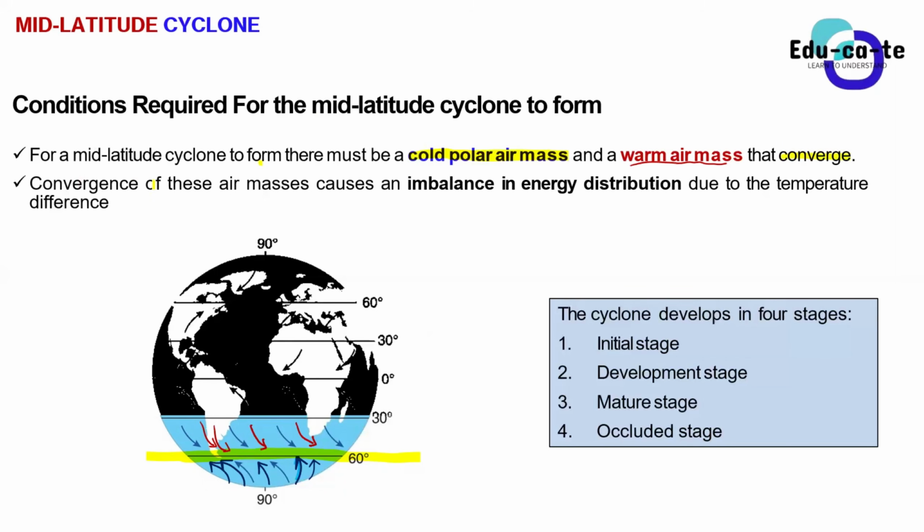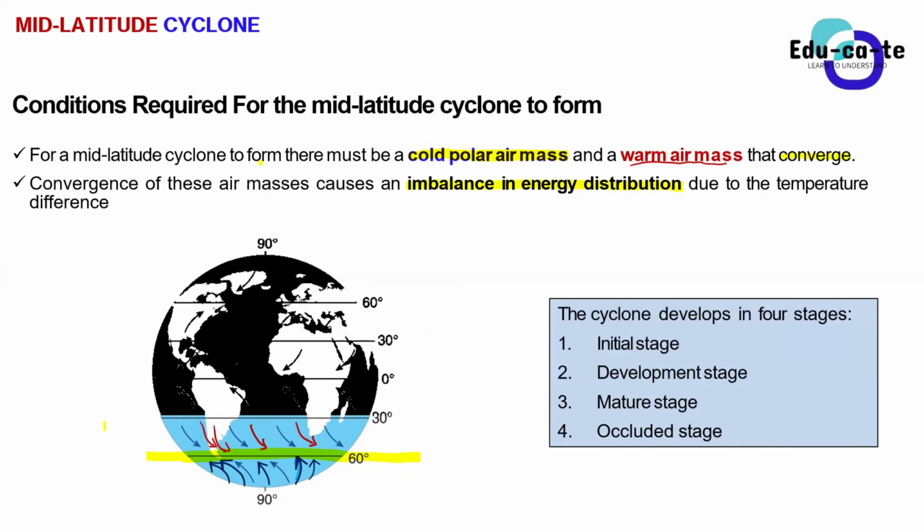So now when they converge, these air masses, this actually causes an imbalance in the energy distribution, meaning that basically when these 2 air masses converge, there will be an imbalance. The term imbalance simply means that something is the opposite of another.